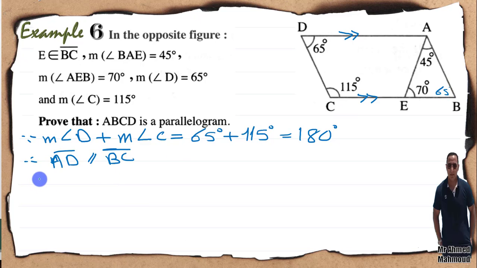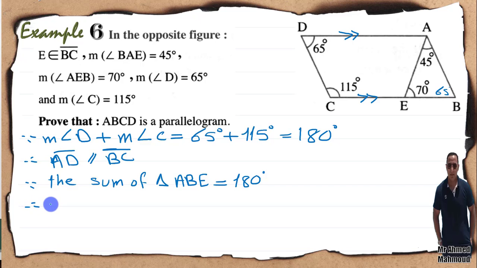Since the sum of interior angles of triangle ABE equals 180, and here I said since because this is a rule.